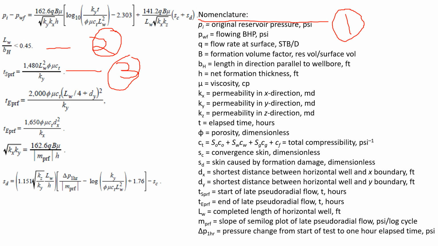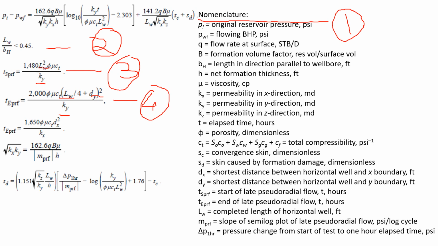This starting time depends on the completed length of the well, Lw, and on permeability in the direction of the well, Ky. The end of this period, like others in this section, is approximated by the minimum of results of two calculations. First, given by equation 4, it depends on dy, the length of the wellbore, Lw, along with Ky, the permeability in the direction parallel to the wellbore.